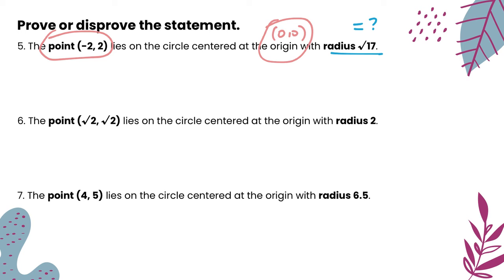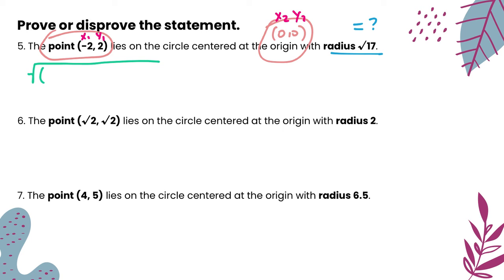If we use these two points as my x1, y1, x2, y2, I should find that if it is a true statement, it equals the value of that radius. So let's go ahead and check.